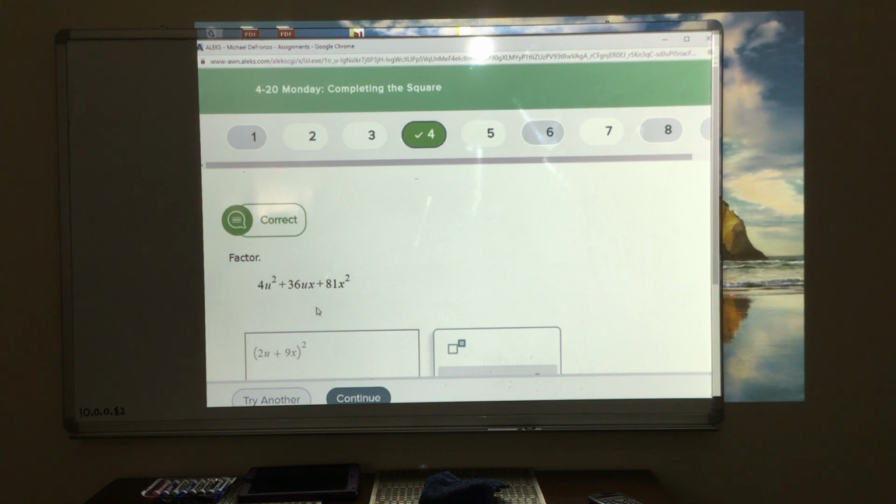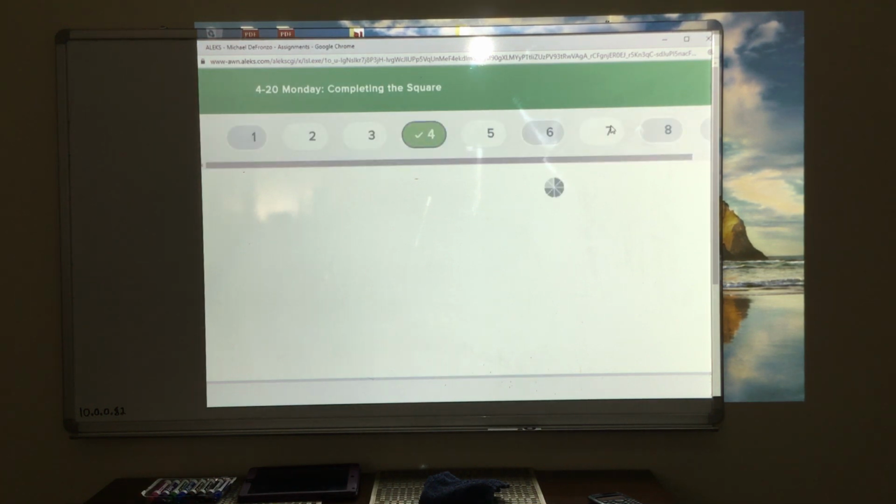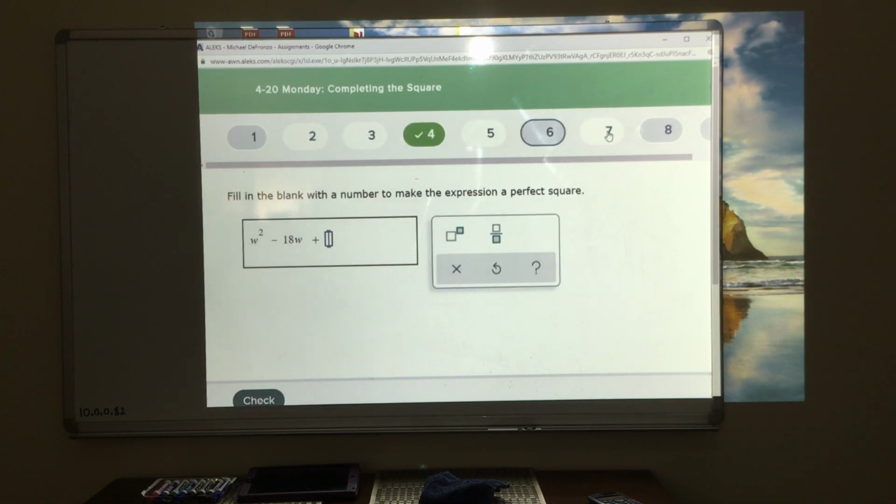I'm going to probably add a couple more of those problems into there with the multiple variables. Too easy.